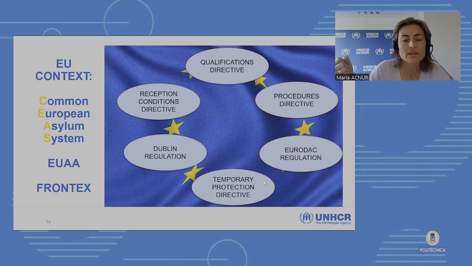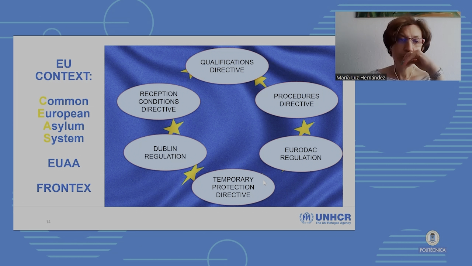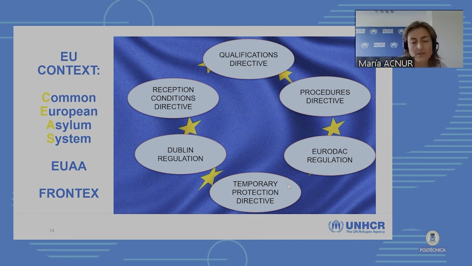And how is this done? It's done through the adoption of the legal instruments you see there. There was a first generation of legal instruments which tried to establish minimum standards for all European countries in all the different aspects of an asylum system. We are now in the second generation of these documents.